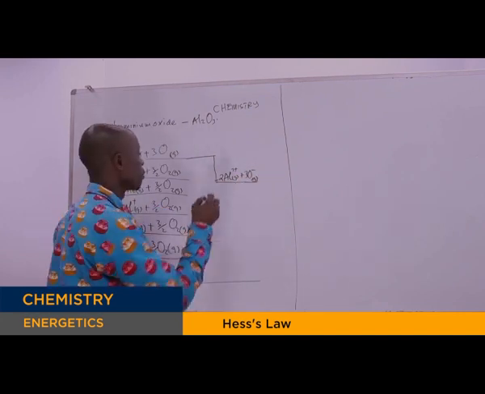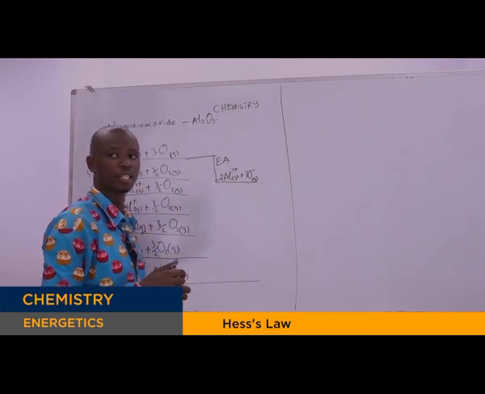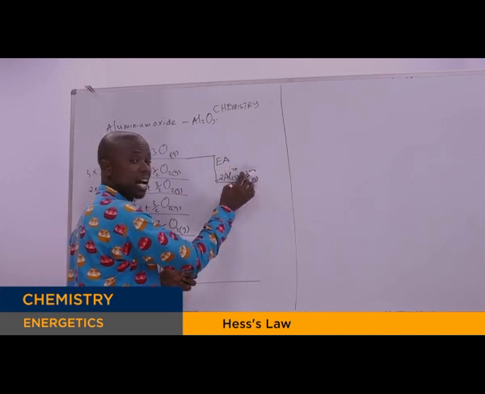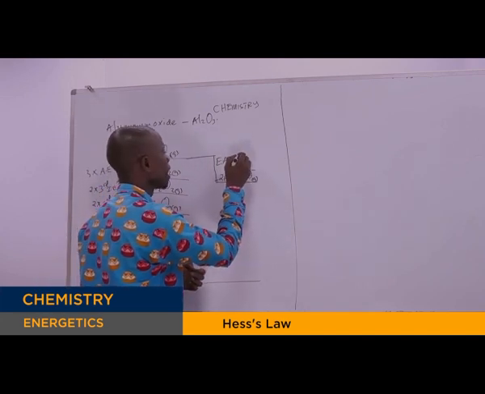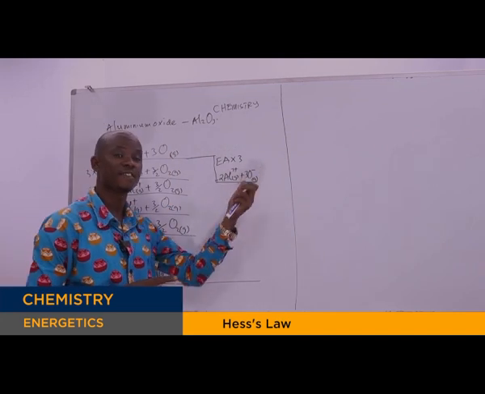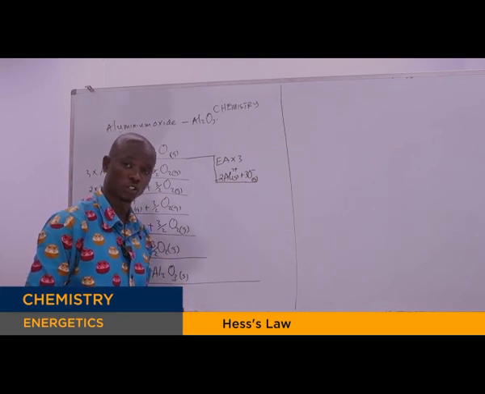That one is electron affinity. Because there are 3 atoms of oxygen, you multiply by 3. So that is the first electron affinity. It is always an exothermic process.